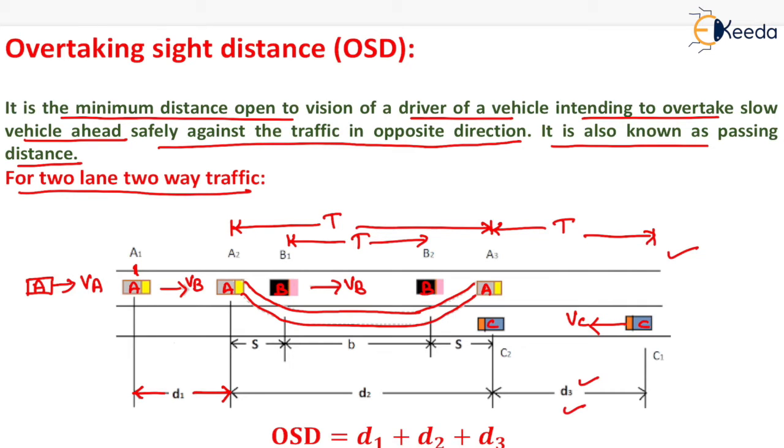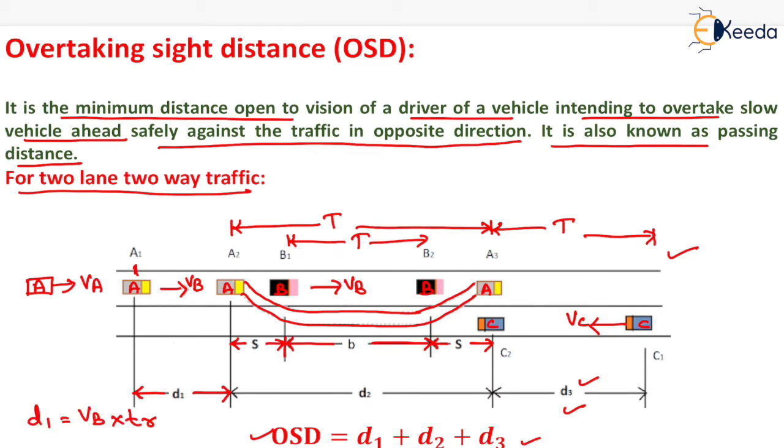The distance between B1 and B2 is known as small b, and from A2 to B1 the distance is known as S, the minimum space headway. That is the minimum distance which needs to be maintained between the two vehicles. So D2 will be equal to b plus 2S. The total overtaking sight distance will be equal to D1 plus D2 plus D3.